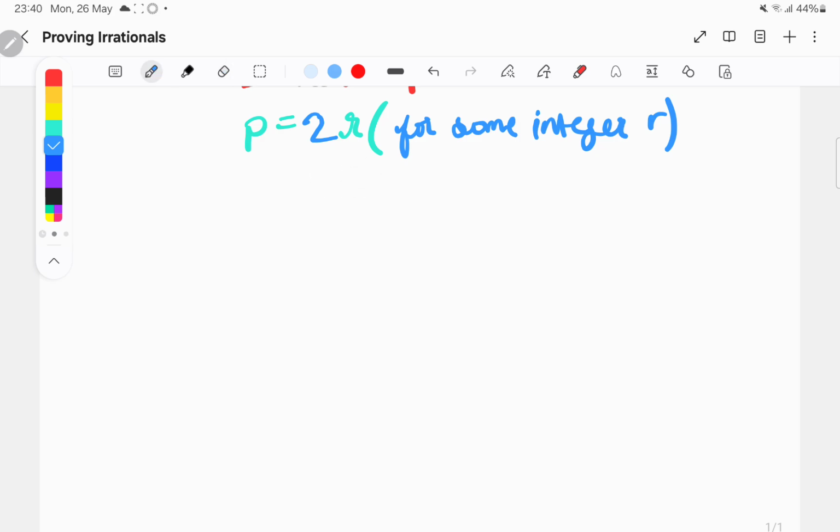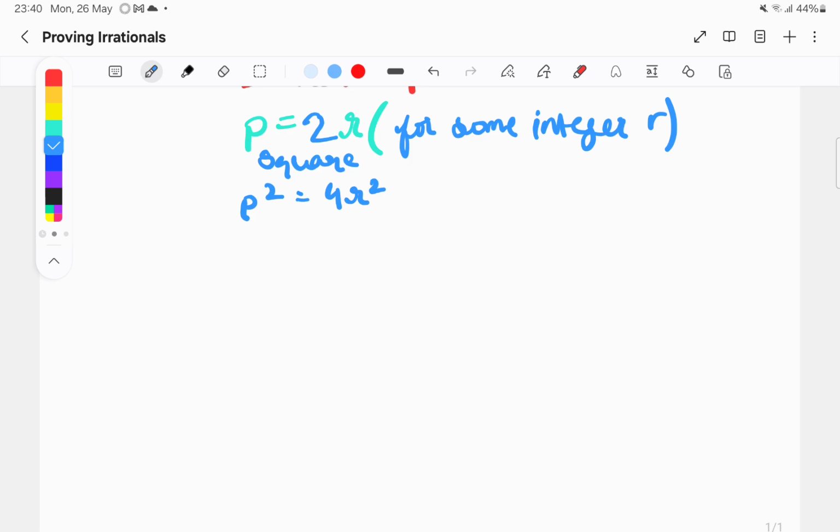Now p is equal to 2r. We do the same thing. We square this, so we get p square is equal to 4r square. Simple enough.